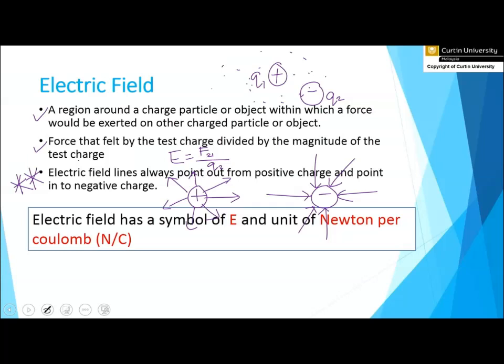So for electric field, we give it the symbol E, and the unit is Newton per Coulomb. Looking back at this formula, E equals F over Q. If you still remember, F is in Newton, Q is in Coulomb. That's why it gives your electric field unit in Newton per Coulomb.